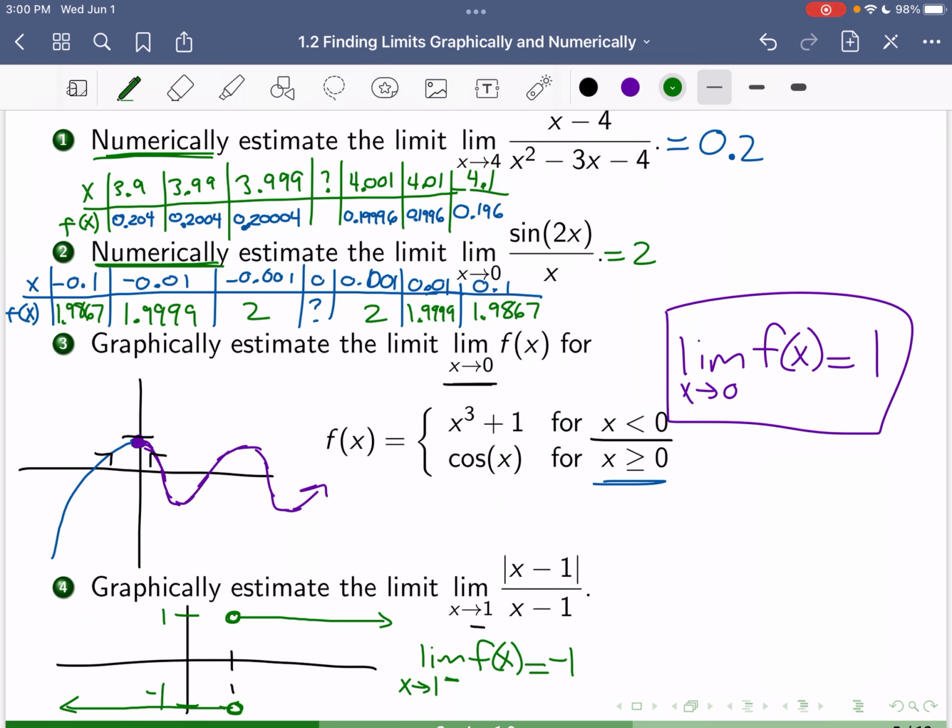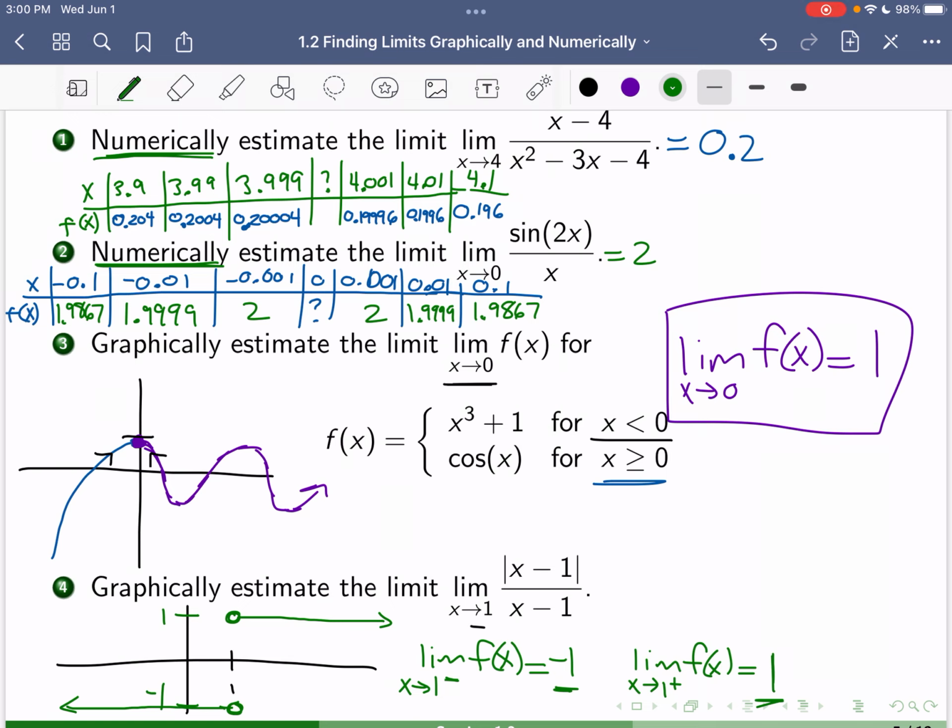If, on the other hand, we have a limit as x approaches 1 from the right, so we have values of x that are 1 plus a little bit more, then our function value is heading towards 1. This number, negative 1 and positive 1, are not the same thing.